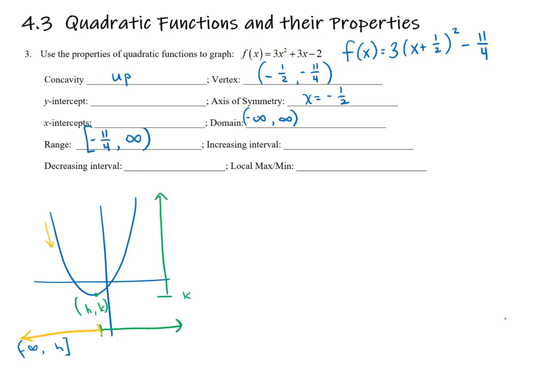That's the decreasing interval. My h value is negative 1/2. And then over on this side, it is increasing in value. So I'm going to say from h to positive infinity, that's going to be that interval. And h, once again, is negative 1/2.